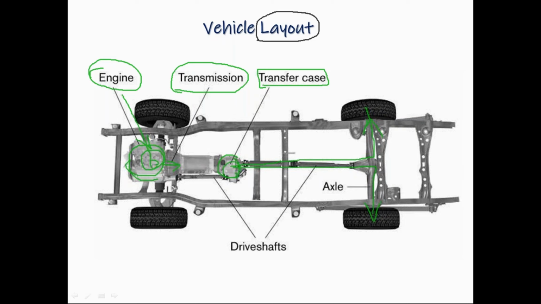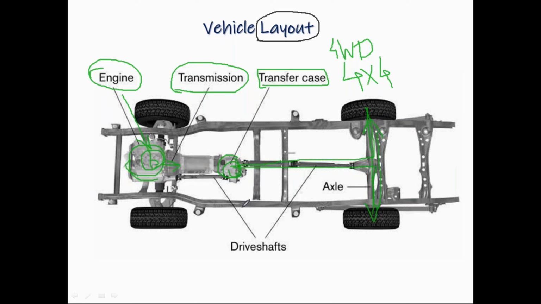So the transfer case is used to transfer the power to two wheels, and based on the two wheels the car or vehicle will operate. And if we take the example of a Thar, we call it a four-wheel drive, 4WD, or sometimes on the backside it is written as 4 into 4. So what does that indicate?